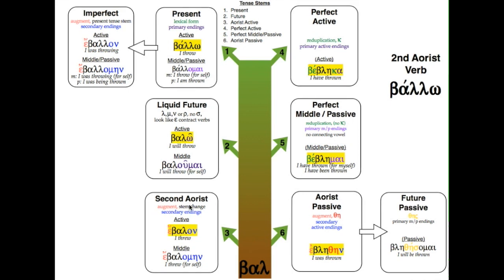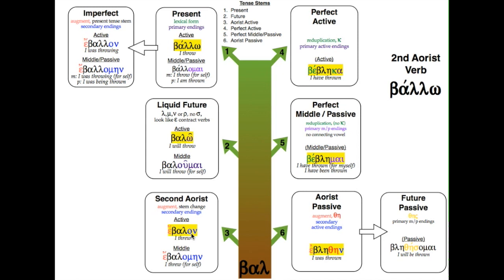In the second aorist here, well, we have ebalon. Now what happened here? We went from a double lambda to a single lambda, and so it's that simple. So we augment, we have the morphed stem of the verb, and we then use the secondary endings.